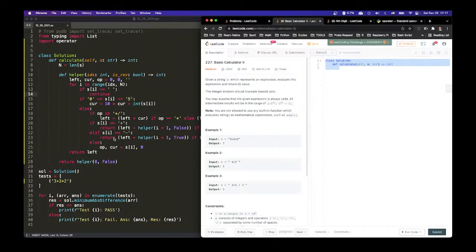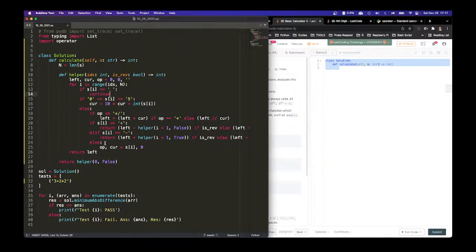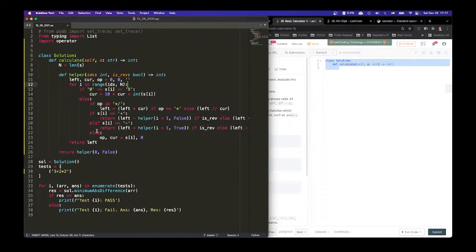Because if not empty space, we're gonna reset OP. Else if, this is how we do it. We can just go if si in this, right? Then we do this, and the empty space would just get ignored.